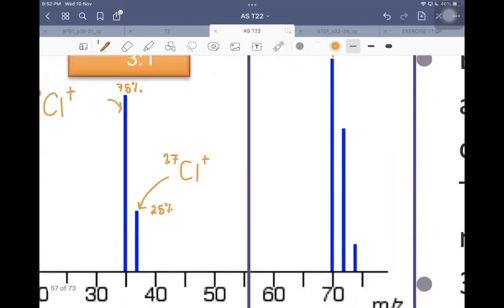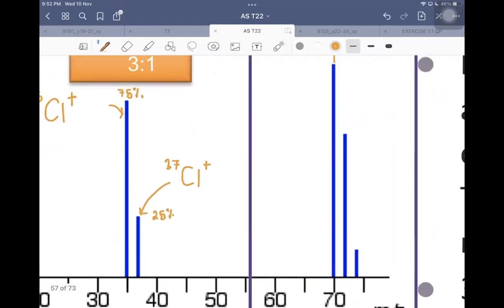The other peak at 72 is a combination of chlorine 35 and chlorine 37 plus. You need to write down the plus there. This will produce a peak at 72 because 35 plus 37 is 72. And lastly, you have chlorine 37 plus chlorine 37, which adds up to 74. And don't forget your charge.